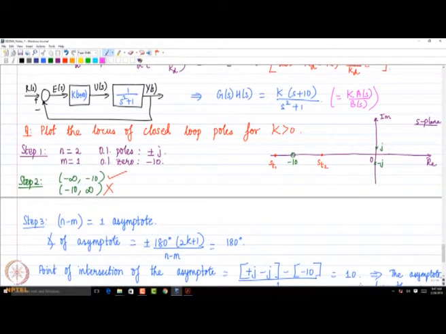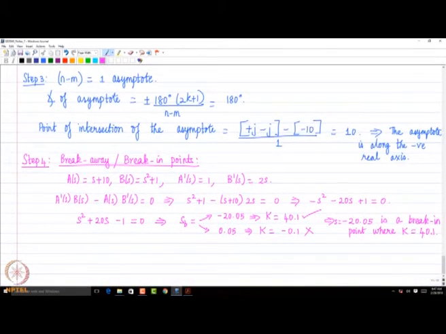So, obviously, both should intersect somewhere on the real axis, right? That is going to be at minus 20.05. So, two branches will come from the complex conjugate plane, hit at minus 20.05 and then go, one to the right, one to the left.